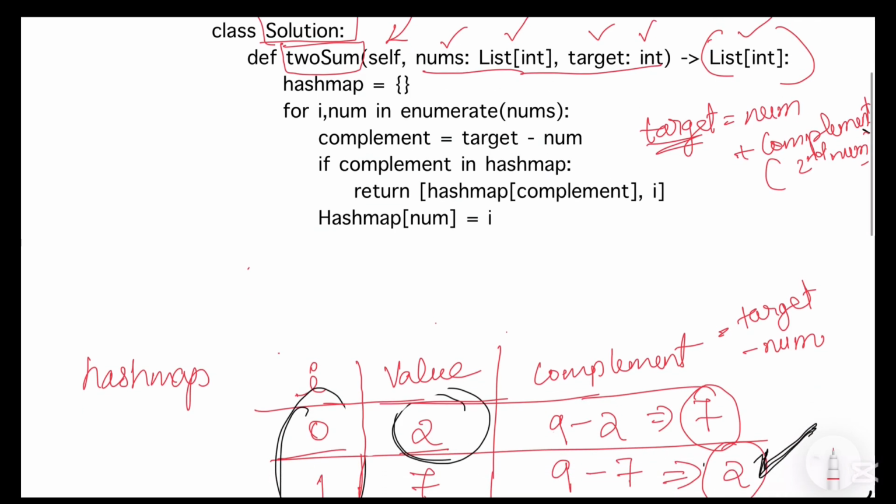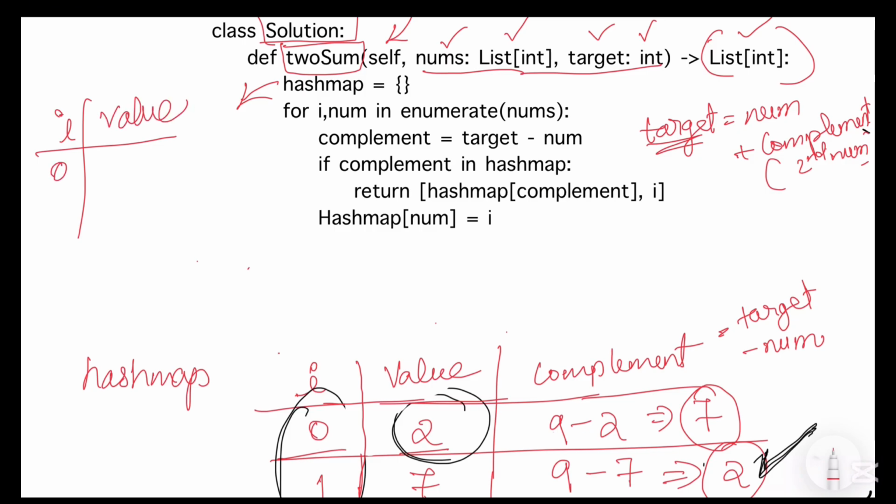Then we will create an empty dictionary named hash map. How the hash map works is, we have an index and then we have a value.